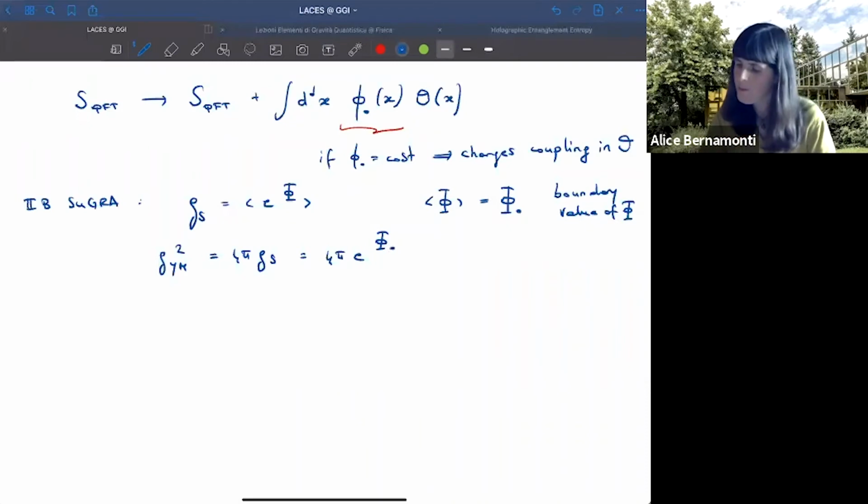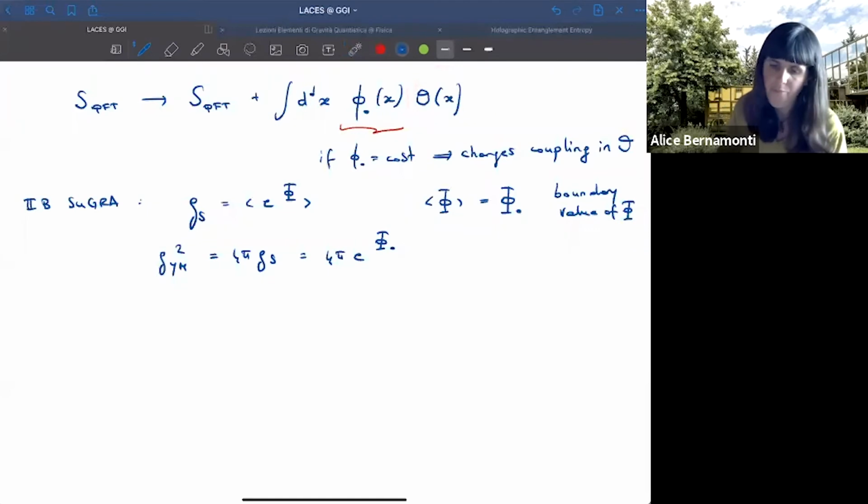If we now also observe that from the boundary point of view, the coupling constant itself, g_YM squared, can be considered as a source for the entire N=4 Lagrangian, in this case the operator O would be the entire Lagrangian.